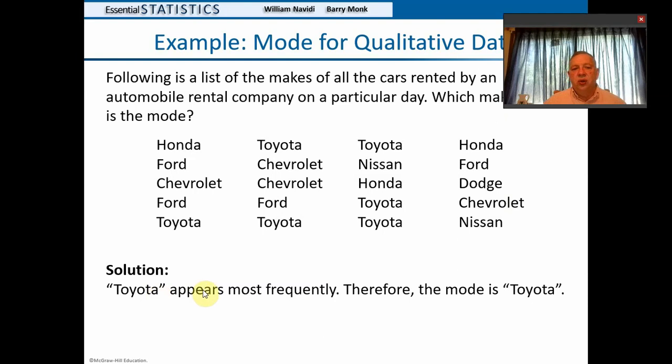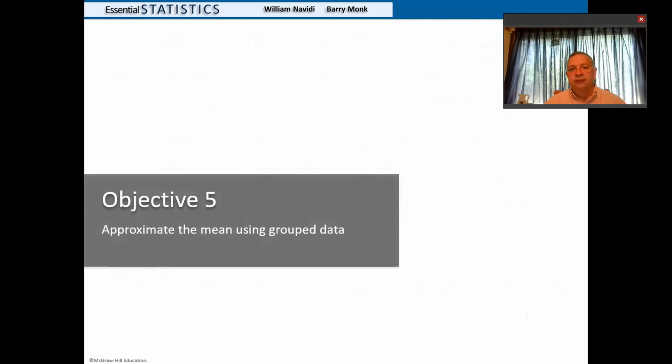So here Toyota appears most frequently, therefore the mode is Toyota. 1, 2, 3, 4, 5, 6, and that is the most popular, or most frequent. So the mode is Toyota.